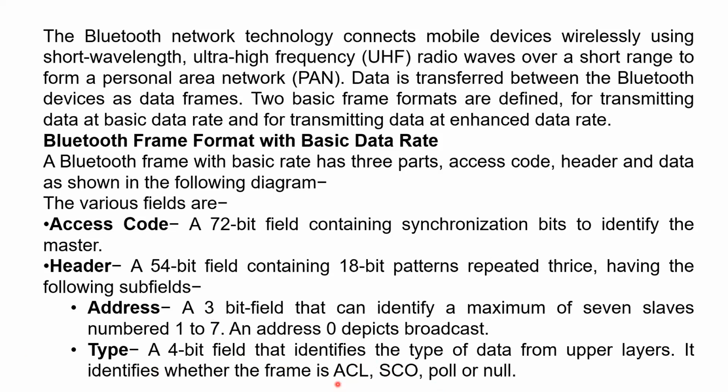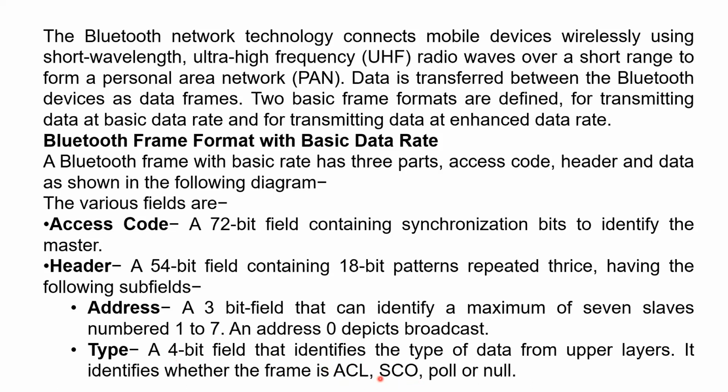One is asynchronous connectionless communication. As I have told you, there is no need to establish communication before data transfer or packet transfer in this type of communication. So this is called as asynchronous connectionless type of communication. This can be identified by this 4-bit field.